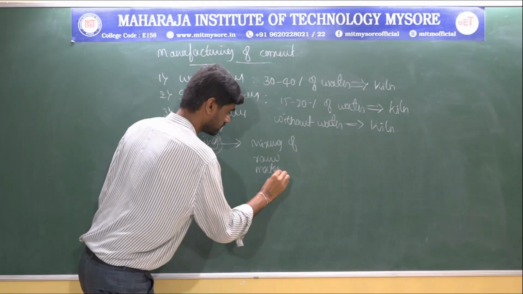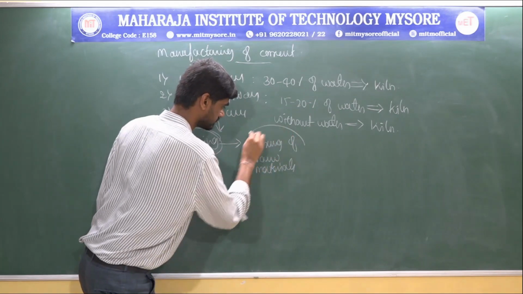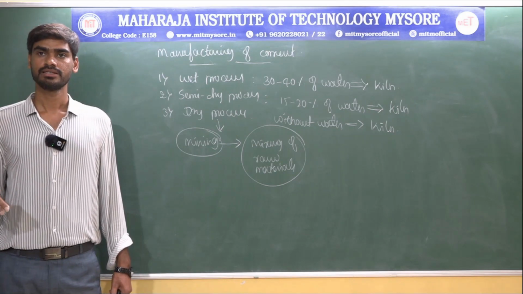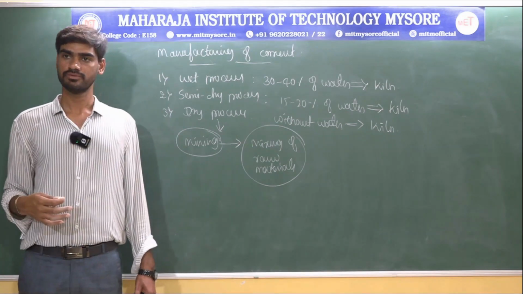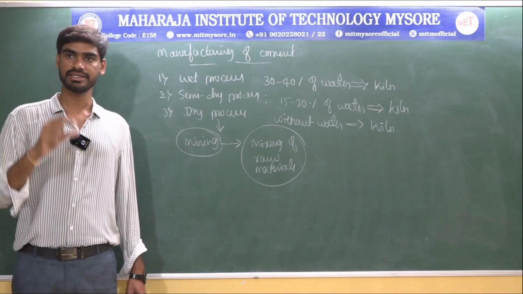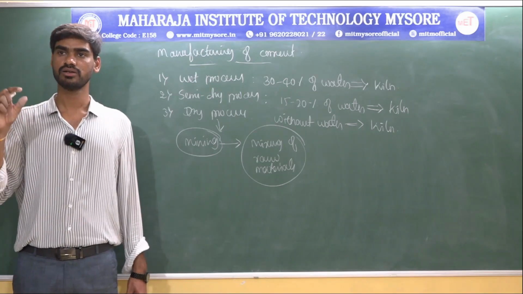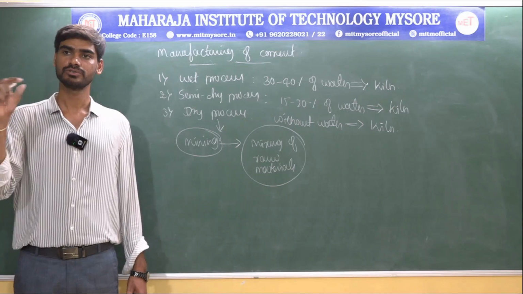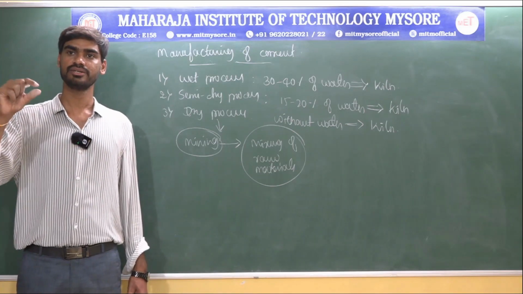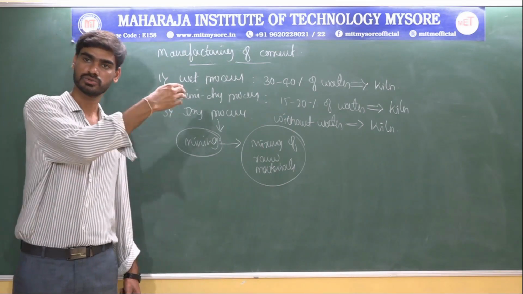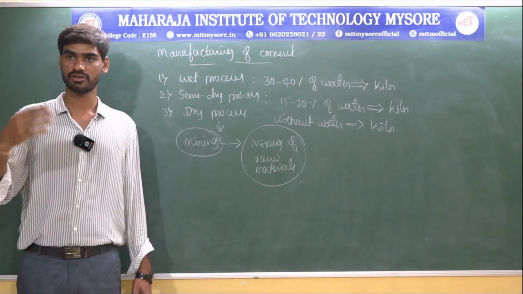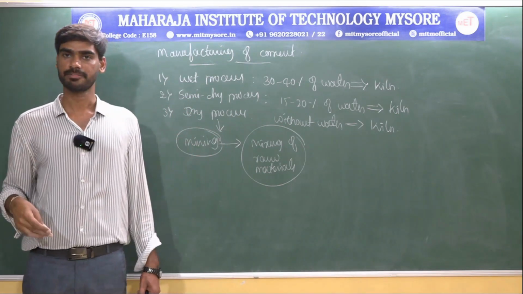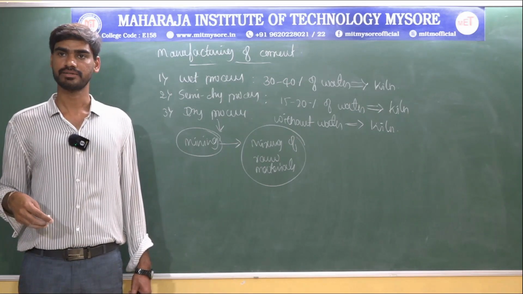Mixing of raw materials involves the raw materials calcium, silicon, iron and aluminium, the main raw elements used in the production of cement. Depending on availability, these minerals are thoroughly mixed in a grinding mill.